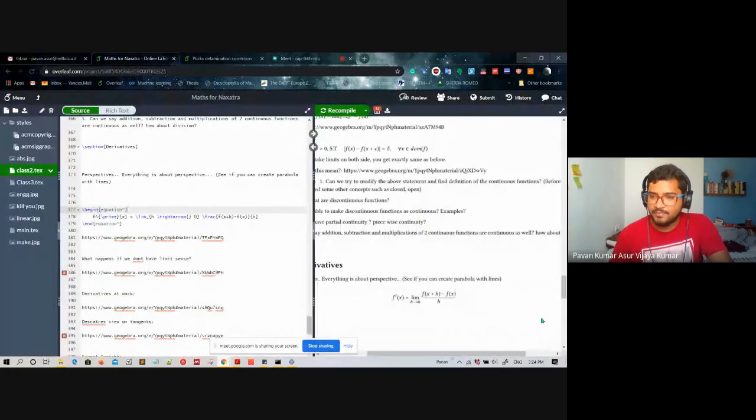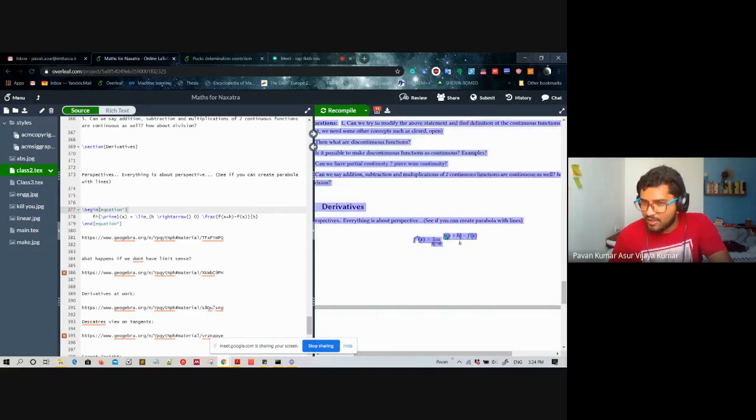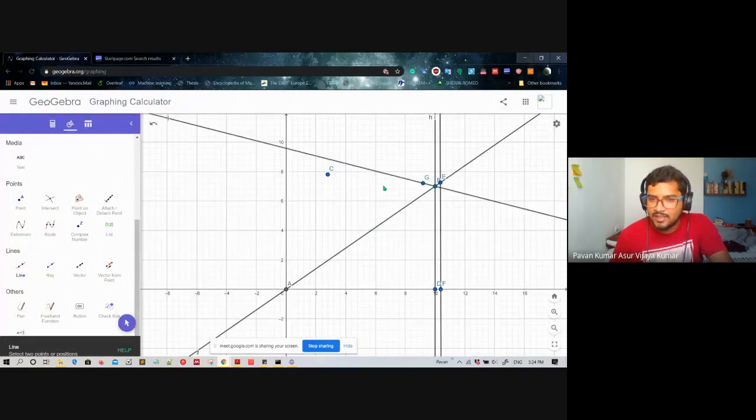He told, okay, how can I convert average velocity into instantaneous velocity? We have a function f at a certain point, f of x plus h, minus f of x. What is f of x plus h minus f of x? It's the distance between these two, right? This is my f of x.